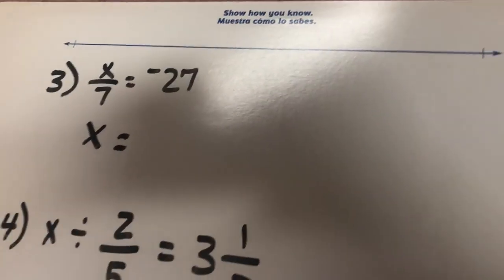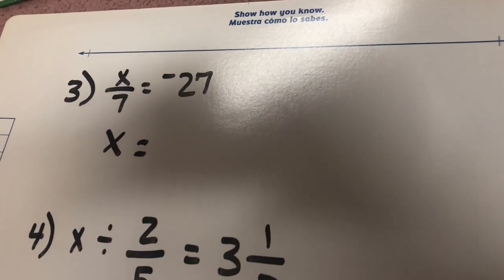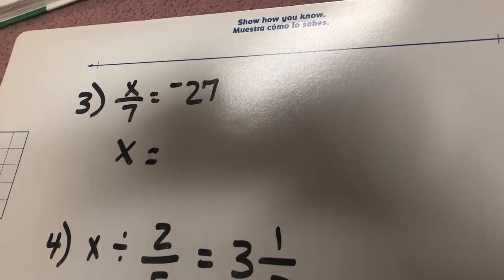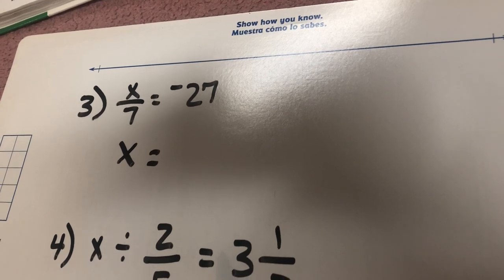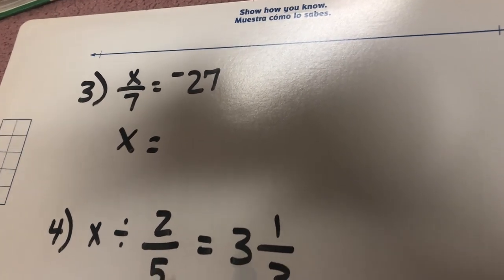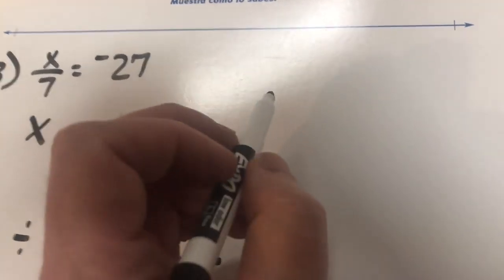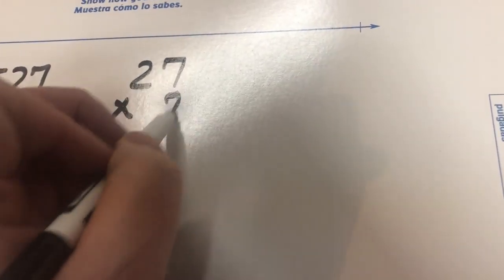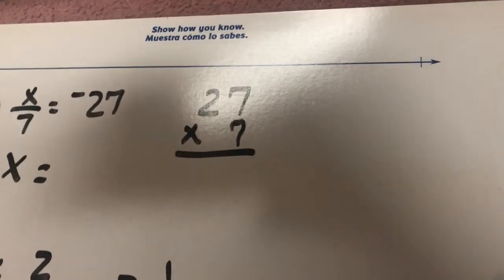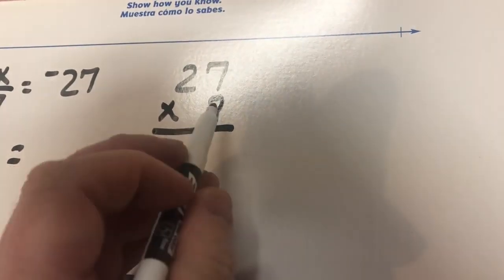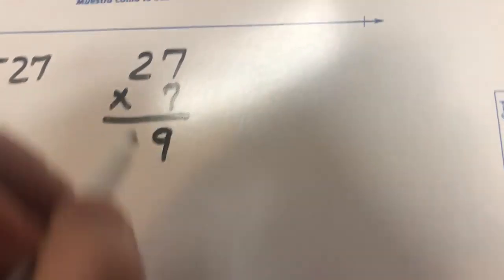So then I come over here and I think, well, I've got to do negative 27 times 7. Now I know when I do a negative multiplied by a positive, it's going to be a negative answer. Okay? So I'm not even going to worry about the negative for the time being. I'm just going to do 27 times 7 and know that in the end, my answer needs to be negative. 7 times 7 is 49.